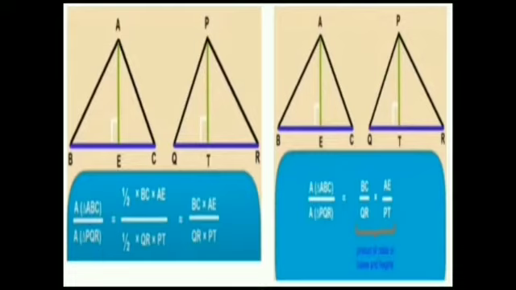So therefore, area of triangle ABC upon area of triangle PQR is equal to BC upon QR into AE upon PT. That is product of ratios of bases and heights.